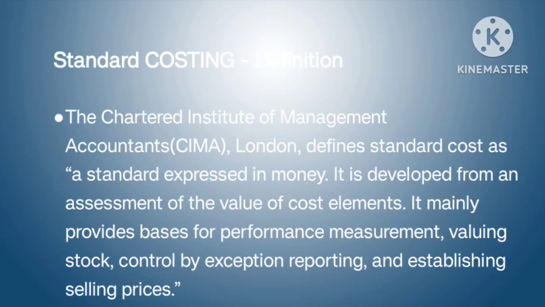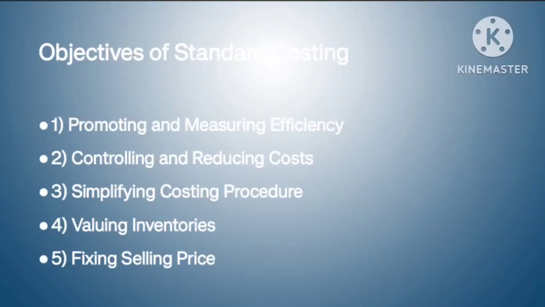The broad objectives of standard costing are summarized. First one is promoting and measuring efficiency. Standard costing, besides enhancing their competence and performance, also acts as a tool to measure them.